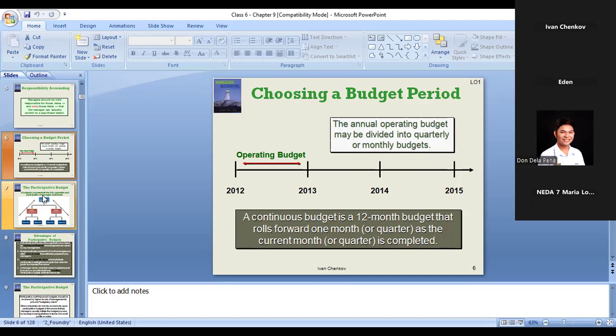That means once we prepare the budget from January to December, once the first month of the year is over and we start February, we're going to drop January from the budget and add January at the end of the budget. So we're still going to have 12 months. Once February is over, we're going to drop February and add February at the end of the budget. And when we start March, we're still going to have 12 months. We're going to keep rolling and rolling and rolling and keep that 12 months pretty much all the time. So that's called a rolling budget.